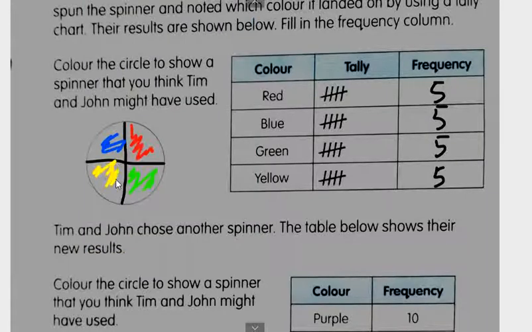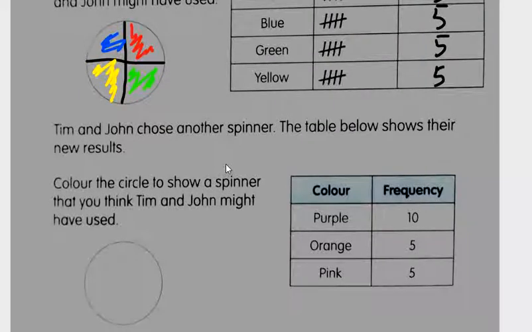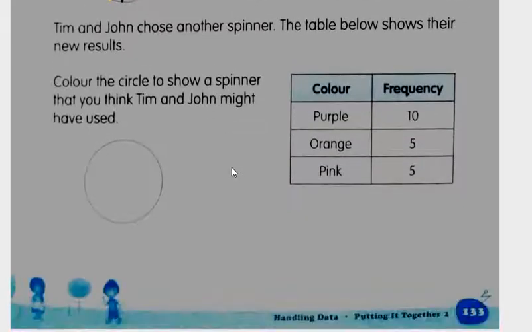Alright, Tim and John choose another spinner. The table below shows their new results. Color the circle to show a spinner that you think Tim and John might have used. Okay, purple 10, orange 5, pink 5.